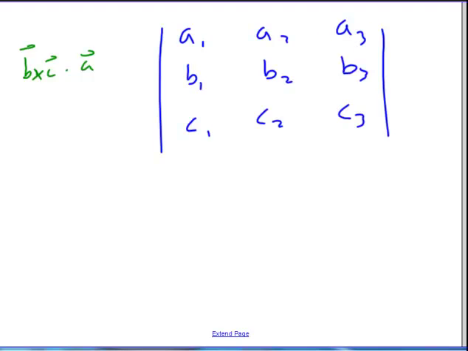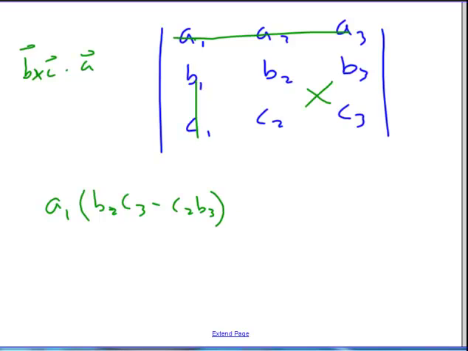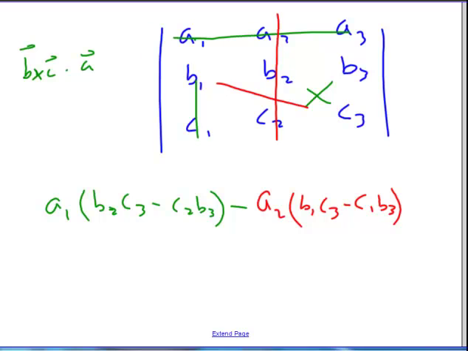So the idea being, we're going to fix A1 and multiply it by B2 C3 minus C2 B3, minus, now we're going to fix A2, so A2 times B1 C3 minus C1 B3, and then plus, we're going to fix A3, so plus A3 times B1 C2 minus C1 B2.